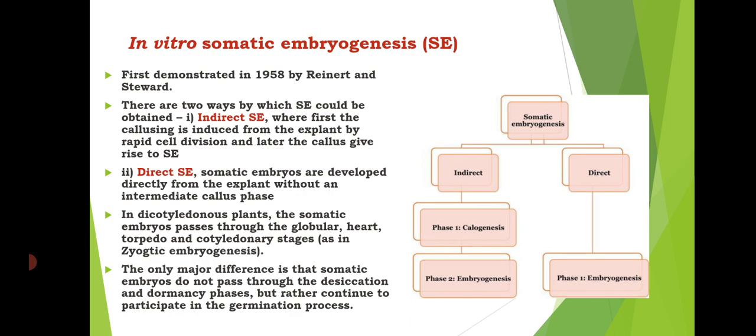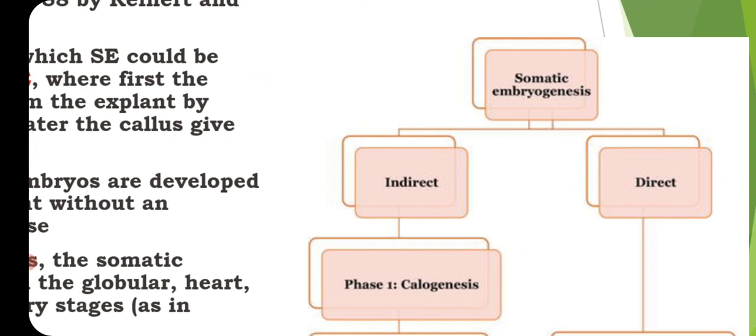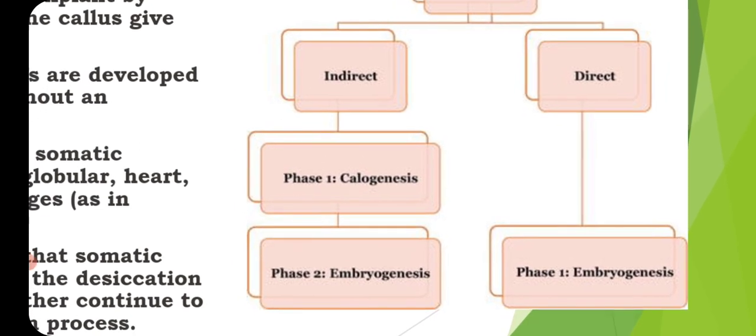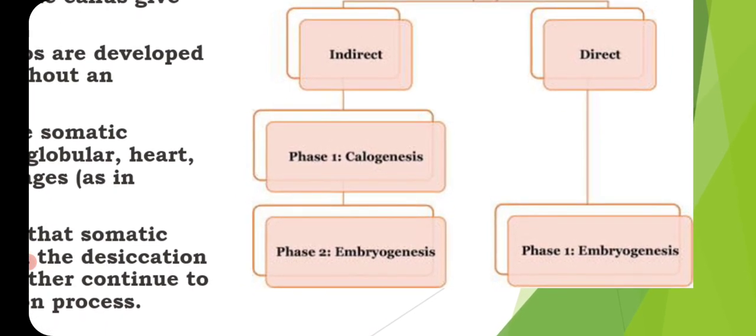In dicotyledonous plants, the somatic embryos pass through developing stages: globular stage, heart-shaped embryo stage, torpedo and cotyledonary stages, as in normal zygotic embryogenesis. Here we can see a flow chart of somatic embryogenesis, with two methods, indirect and direct.